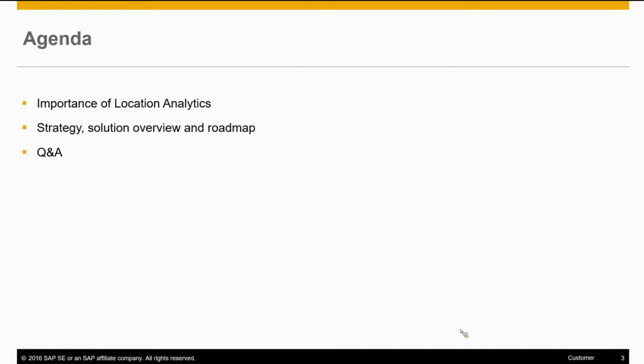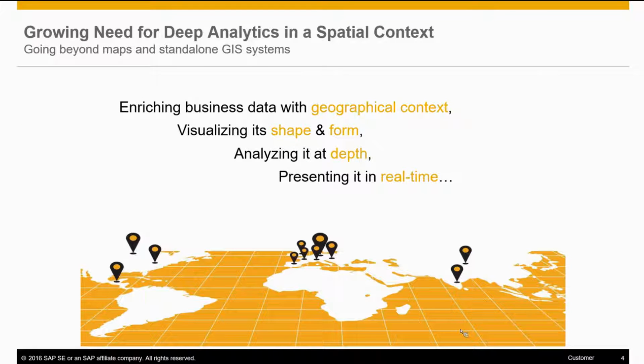So let's begin with the importance of analytics. And I think if you're already on this presentation, you probably realize that there is a lot of geospatial analytical information out there, and that it really is important to combine that with the business data.